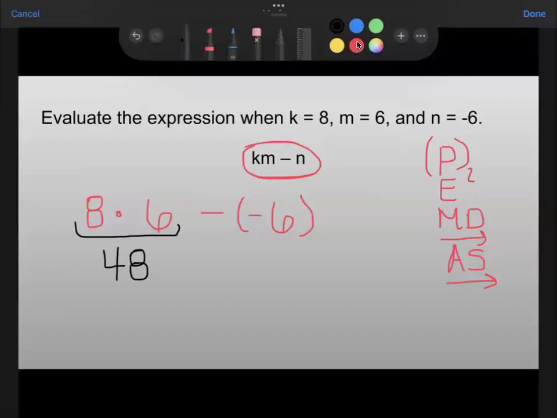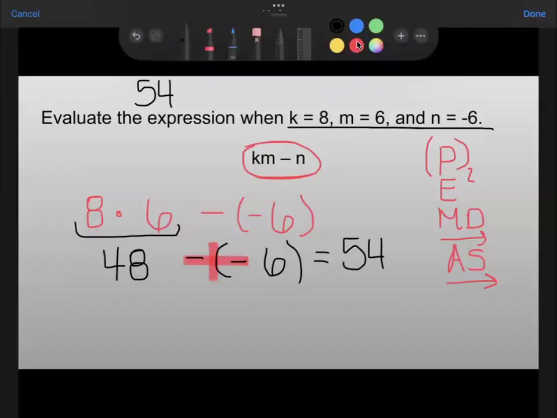So I have 48 minus negative 6. Now all I have left is the subtraction. So when I'm subtracting a negative, that becomes a positive. So I'm going to change that to a plus. And then when I add 48 plus 6, I end up with 54. So the final evaluation of this expression is 54 with these given values for our variables.